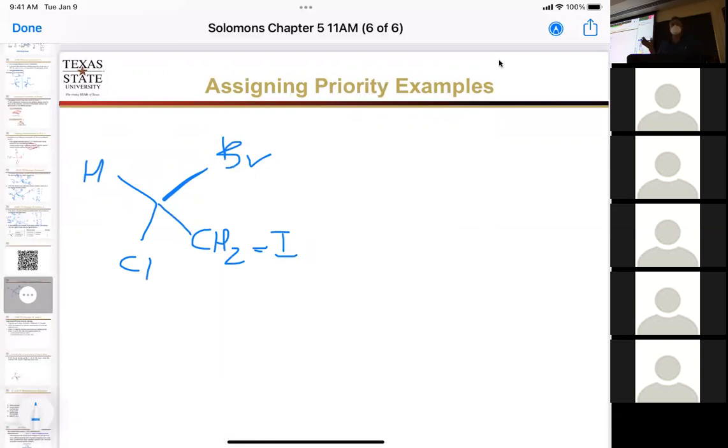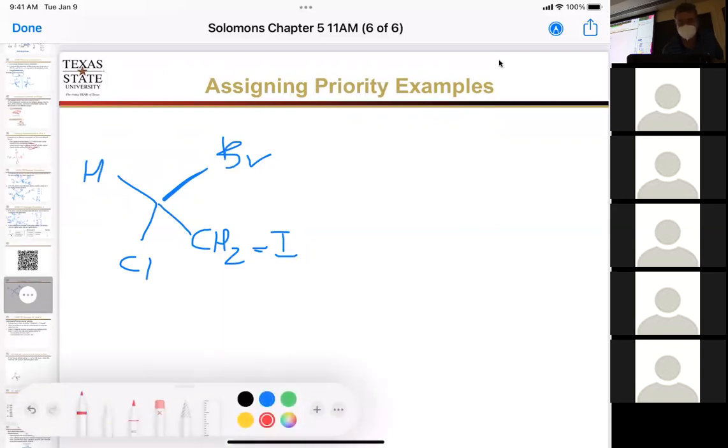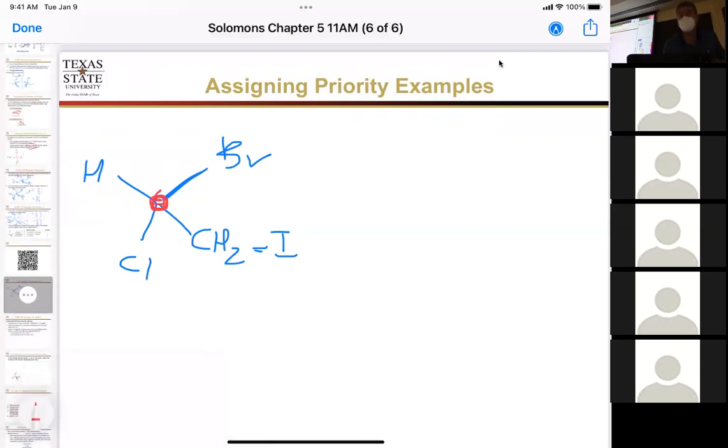No, it's not attached to our chiral carbon. We have to look at which carbon's chiral first. This is our chiral carbon, so we're only looking at the things attached directly to it first for atomic number. So rule 1 has to be attached to that chiral carbon. So that makes this number 1 and this number 2, because bromine is higher atomic number than chlorine, and chlorine, this one is 3.